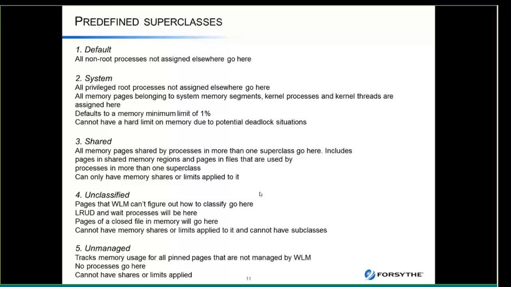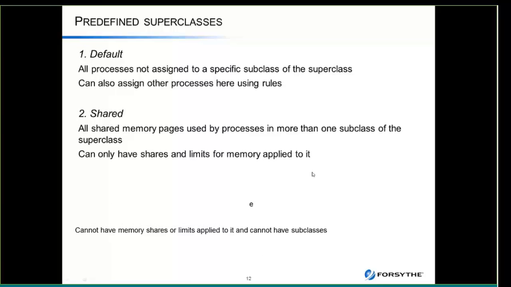Then when the process opens the file, those pages will be reclassified to whatever Workload Manager class the process is actually running in. Then under each superclass, you'll find some subclasses, and the predefined ones are default, which is everything else, and shared, which is any shared memory pages. So that's pretty simple, and then you can define your own.